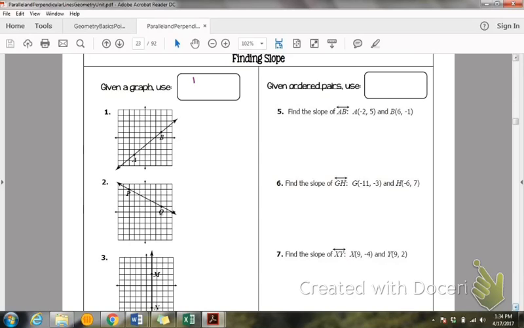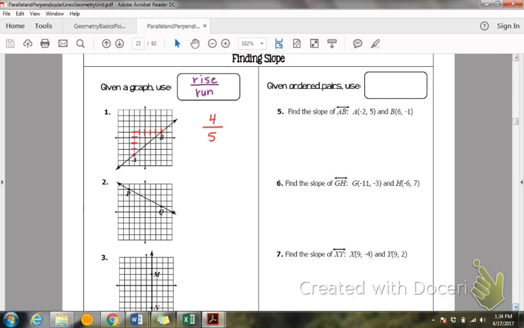If we look at this first example, we're going to start on point A, and we're going to rise 1, 2, 3, 4. We went up 4. And we went to the right 1, 2, 3, 4, 5.